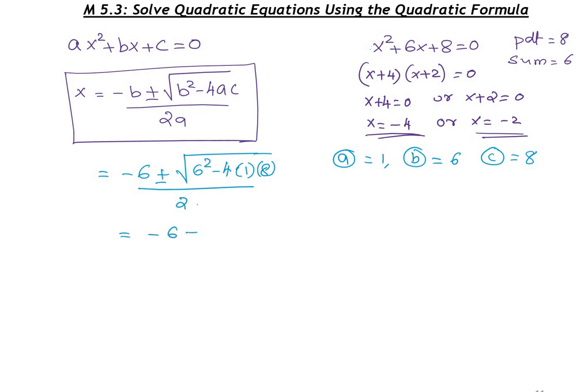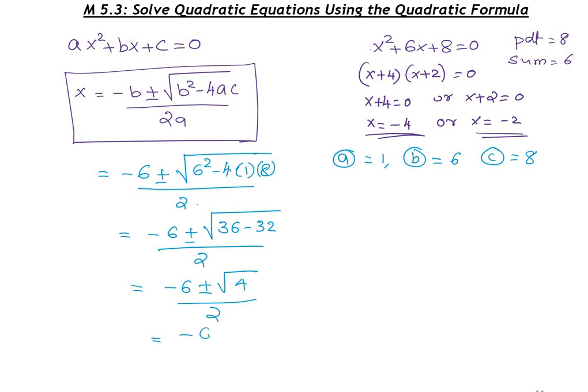So negative 6 plus or minus square root of 6 squared is 36 minus 32, divided by 2. That is negative 6 plus or minus square root of 4, since 36 minus 32 is 4, divided by 2.